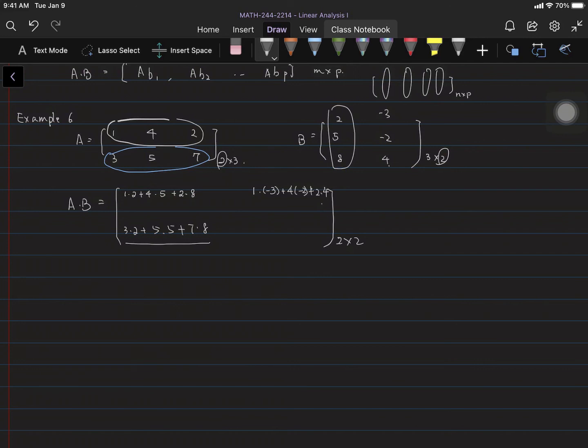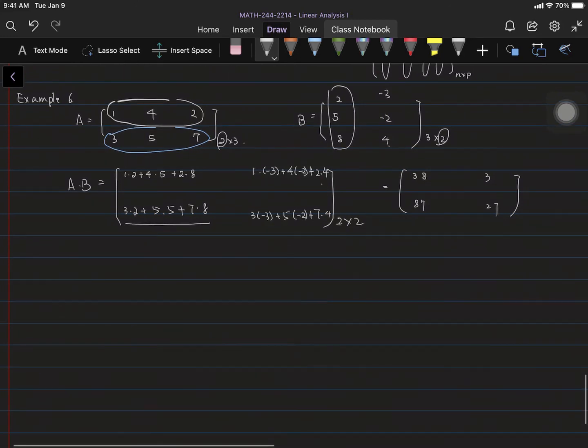And the last number is 3 times -3, 5 times negative 2, 7 times 4. Simplify these numbers and do some calculation. The first number is 38, then 3, 87, 27. This is a little bit large, but don't worry. In the future, in the quiz or exam, I'm just going to give you some easy numbers. It's just algebra, right?